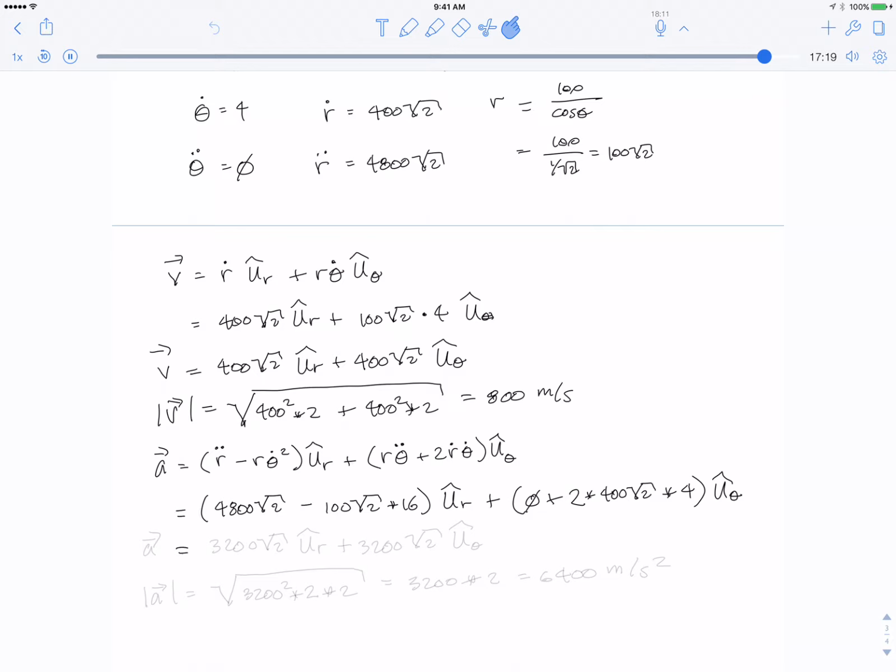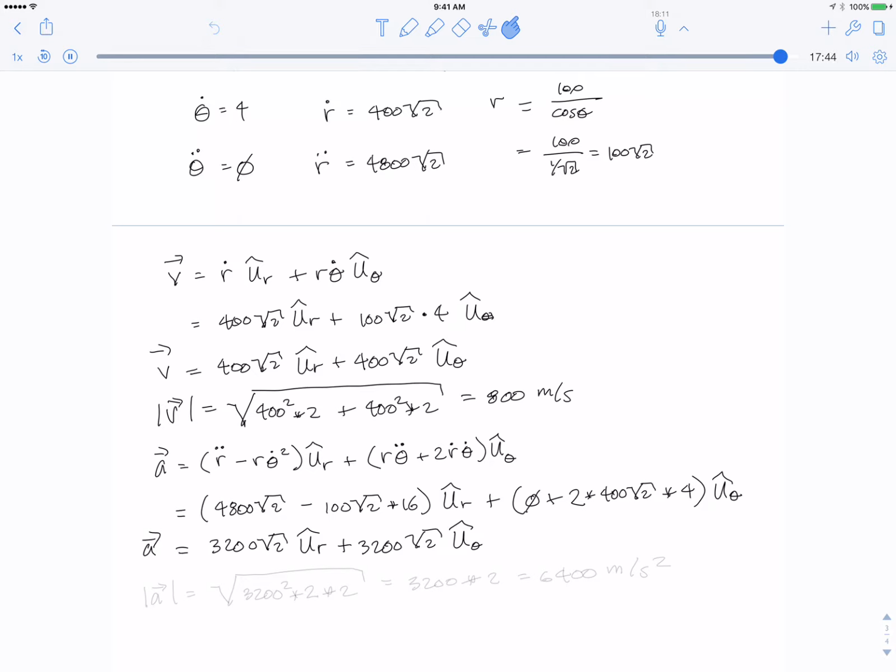And multiplying all that out, we end up getting 3,200 square root 2 in the radial direction plus 3,200 also square root 2 in the theta direction.